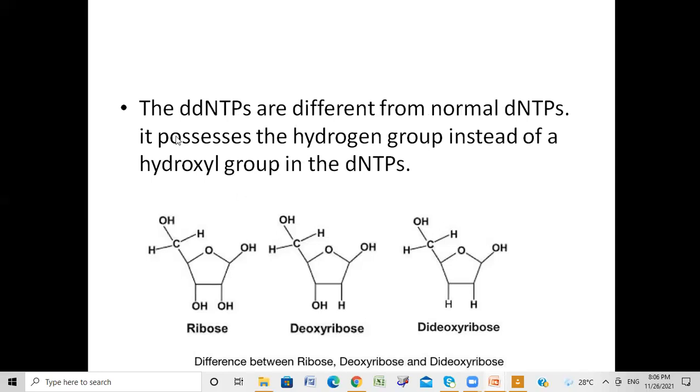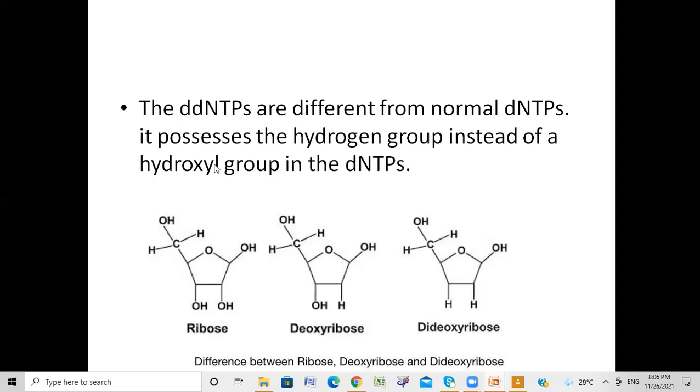If you look at these dideoxynucleotides, they are different from the normal deoxynucleotides. They possess a hydrogen group instead of the hydroxyl group in the dNTP. Only the hydrogen group instead of the hydroxyl group.